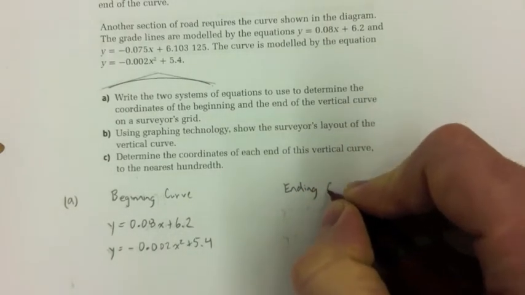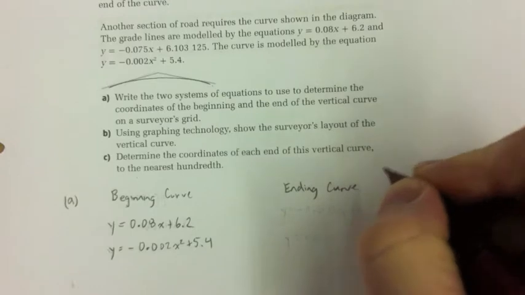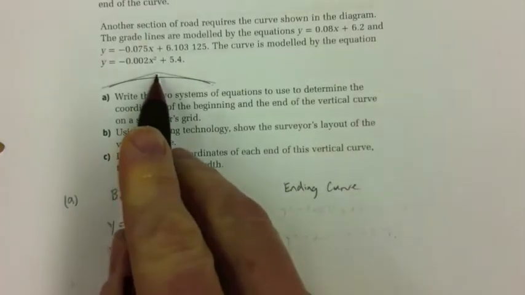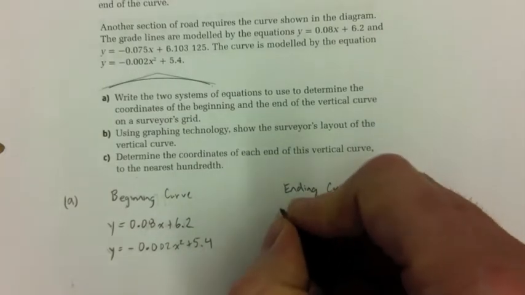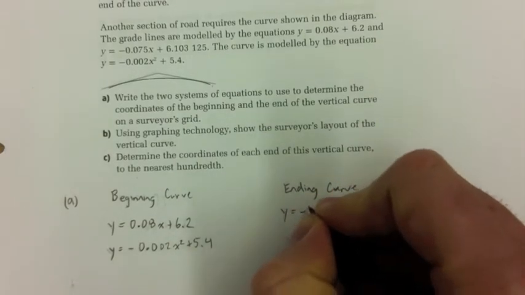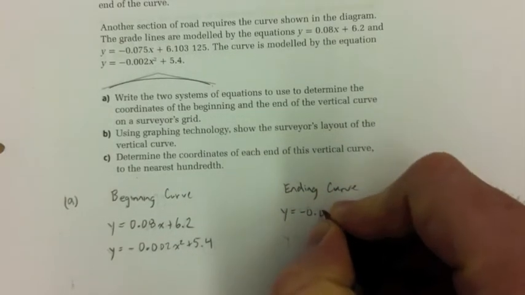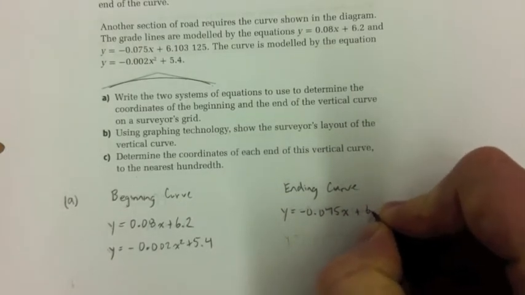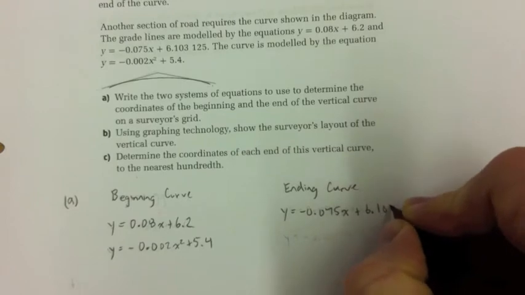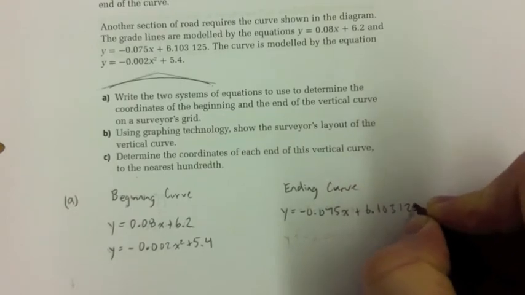Our ending curve is made up of the negative slope line and the parabola. So the equation of the negative slope line is y equals negative 0.075x plus 6.103125.